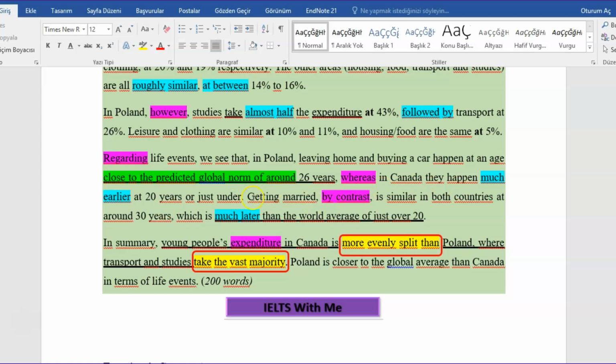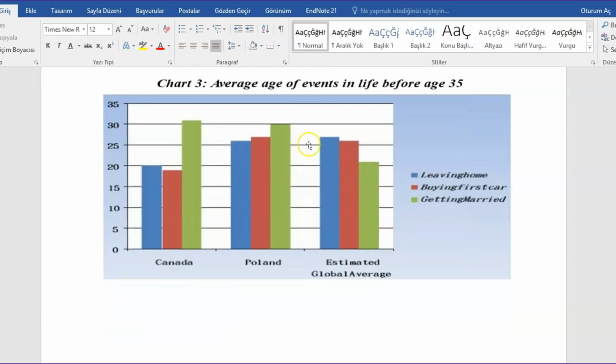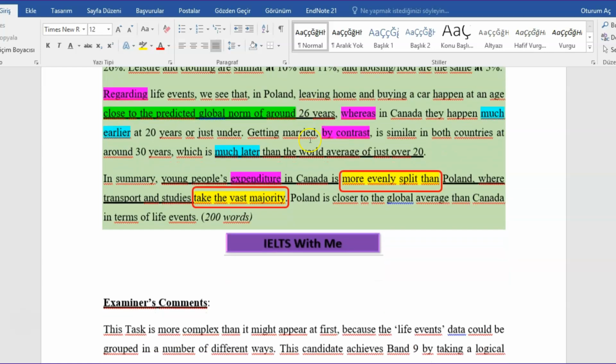Getting married, by contrast, is similar in both countries at around 30 years old, which is much later than the world average of just over 20. Getting married is much higher than the global norm, and between Poland and Canada it's the same.